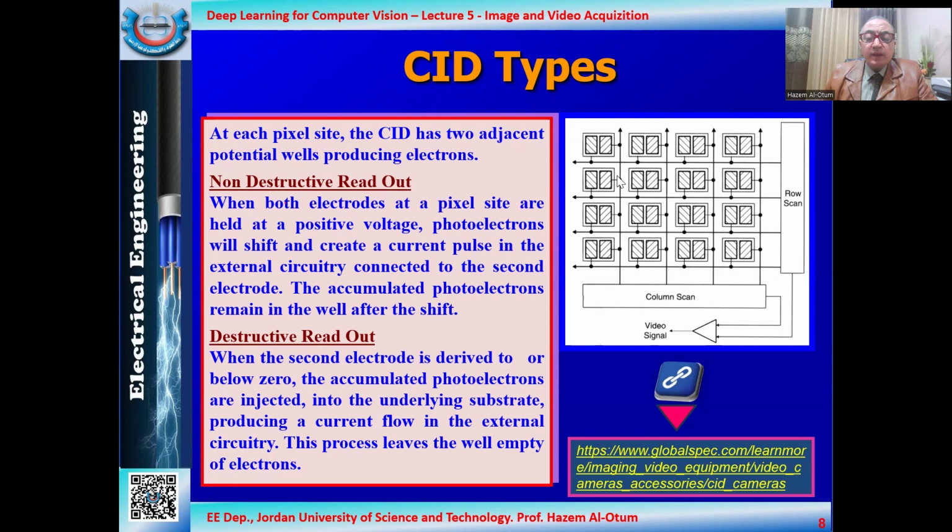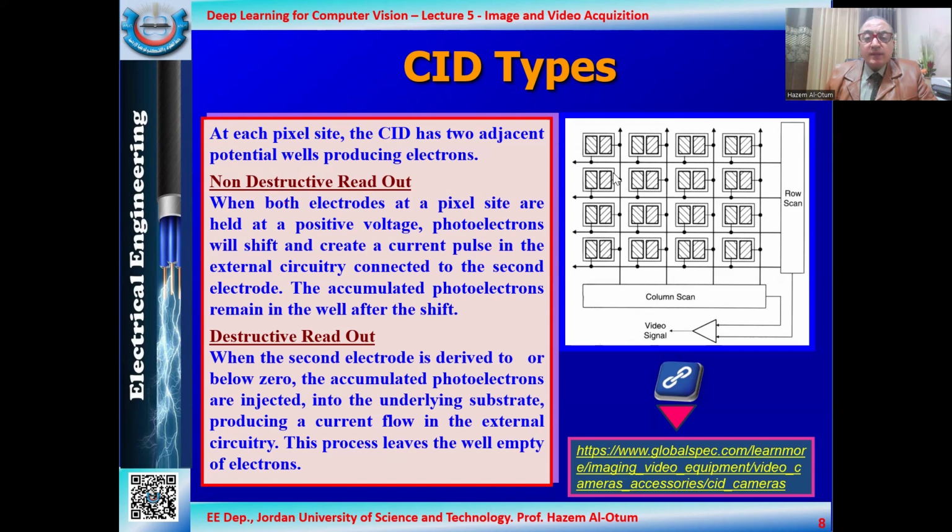The charge will be accumulated and preserved at this location, and no change will be done. We read this value by applying a specific circuit or device, and if we are satisfied with the values, we either keep it, or we can apply zero voltage to discharge this potential well.